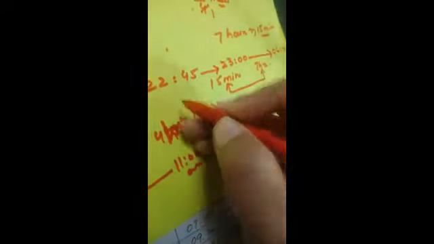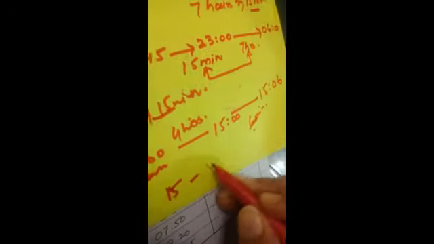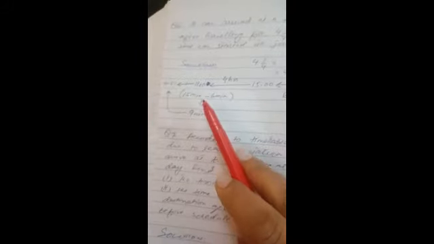The total traveling time is 15 minutes, so we simply subtract 15 minus 6. It will become 9. So if we subtract 9 minutes from 11 a.m., it will become 10:51 a.m. It means that the journey started at 10:51 a.m.